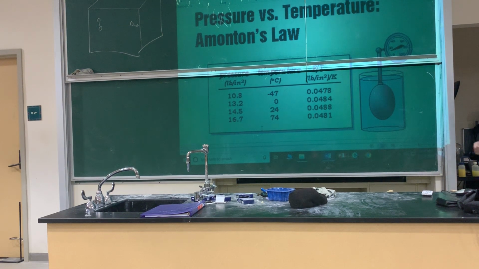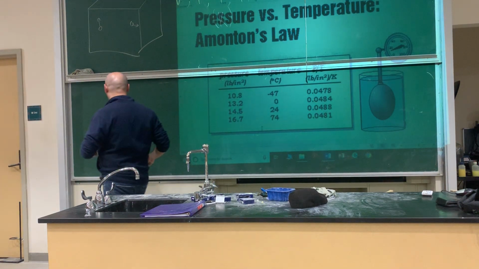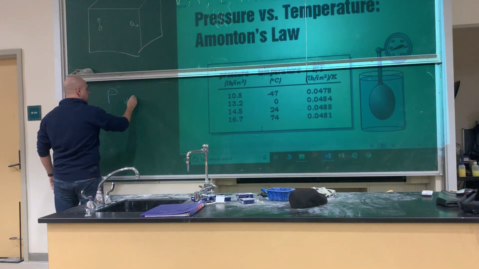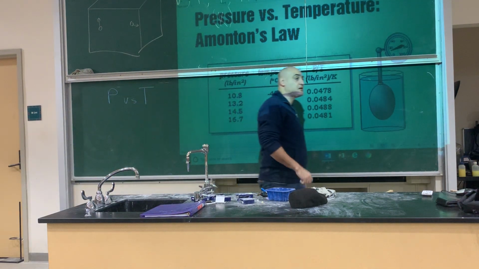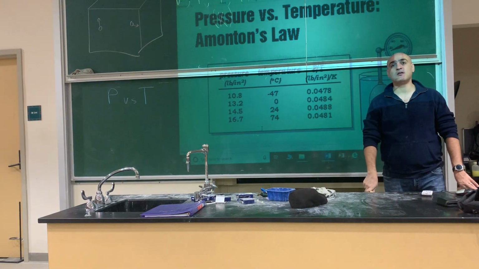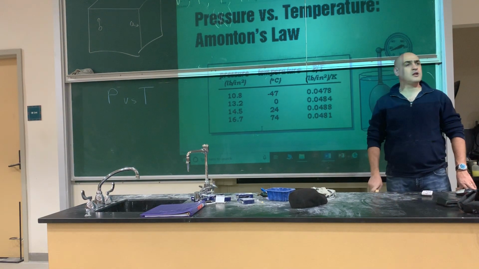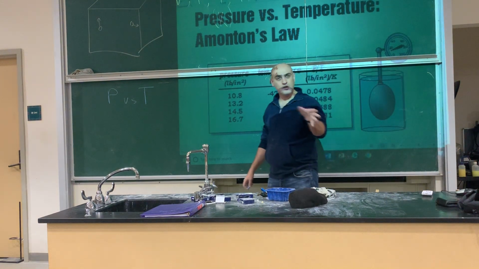He comes into the picture and he says, okay, let me take the other two variables. We're going to take now pressure versus temperature, given that the moles and the volume of the container are not changing. He's going to study now pressure versus temperature. Let's first check and see what our intuition tells us. What's going to happen if I tweak these variables?